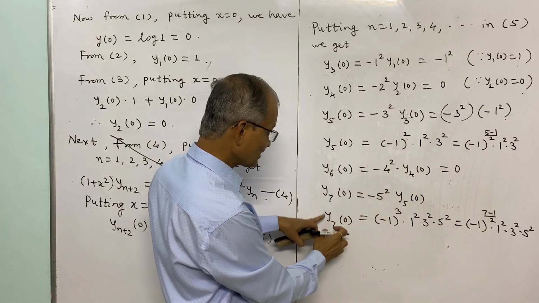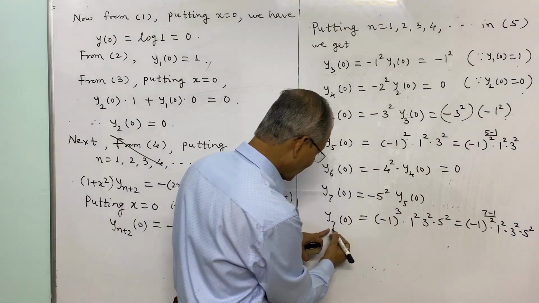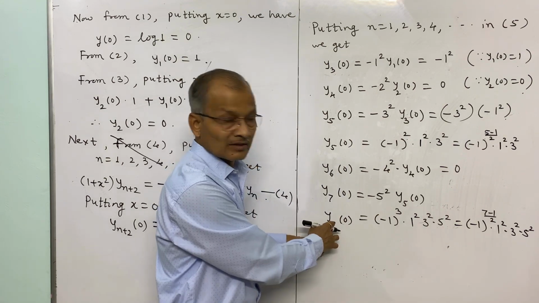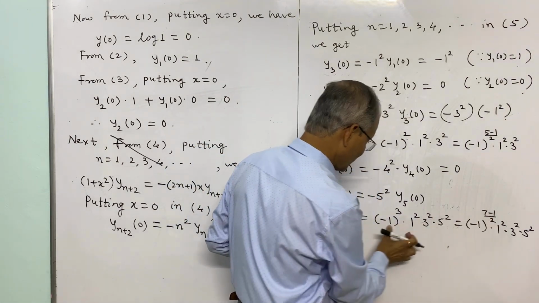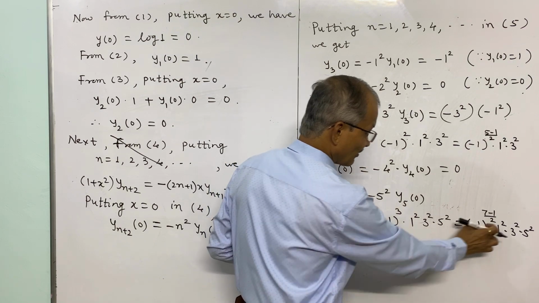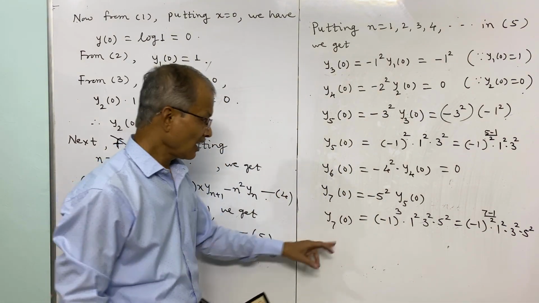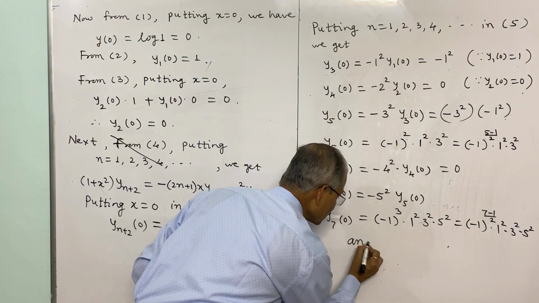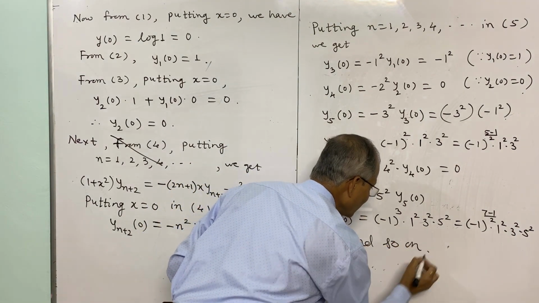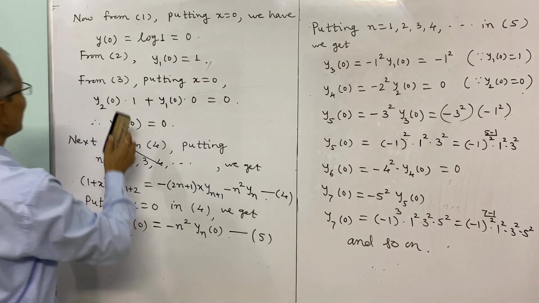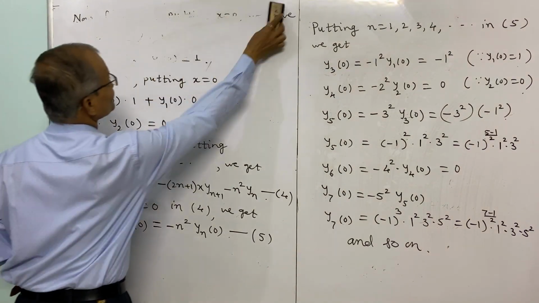Here in y7 the power is 3, we have written 3 in terms of 7, 7 minus 1 divided by 2, it is the same. So why we have written like this? Because we can write the nth derivative here, and so on. Now we shall list this. Thus y n at 0.